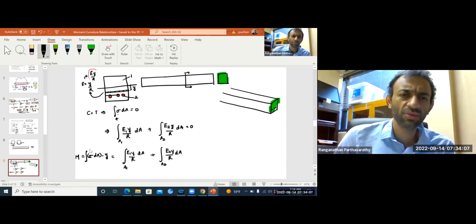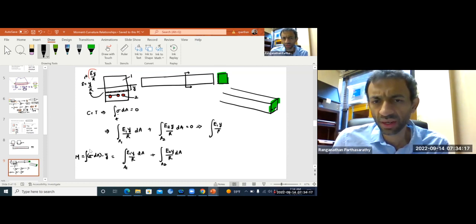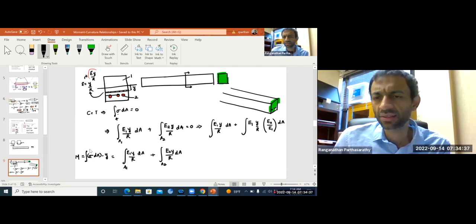So what we can do is rewrite this equation as E1 y over r dA plus this I will write as E1 y over r. Then this dA, I will make it E2 by E1 dA.